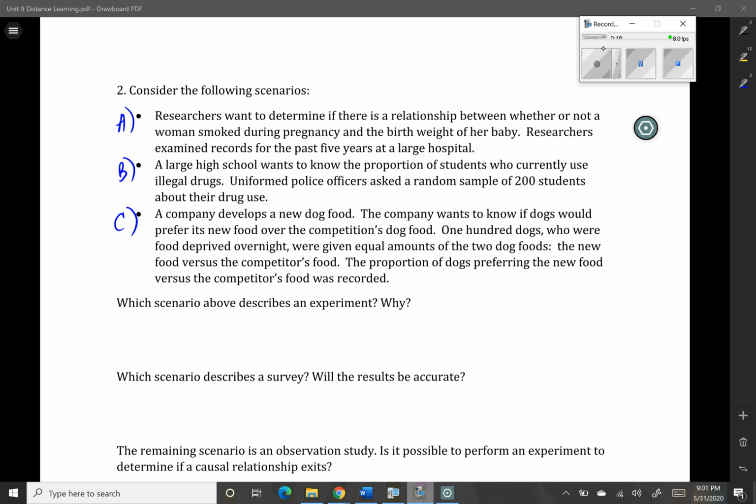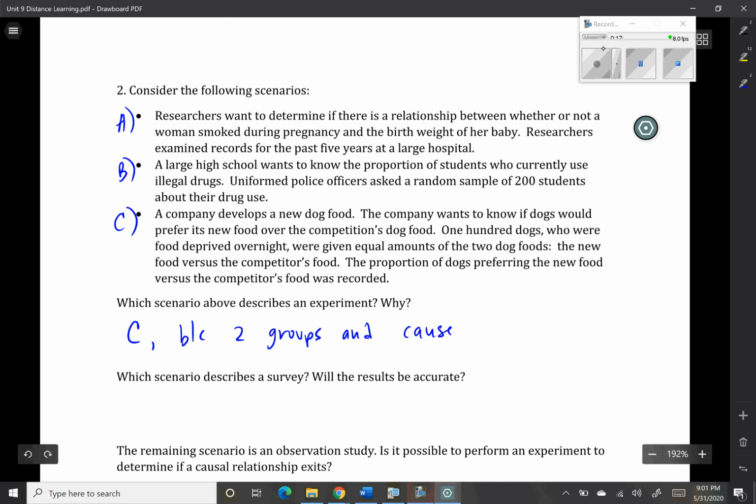The scenario that's an experiment is scenario C. And we can say that because there are two groups and there is cause and effect. So we're taking these dogs, we're randomly selecting them into two different groups.